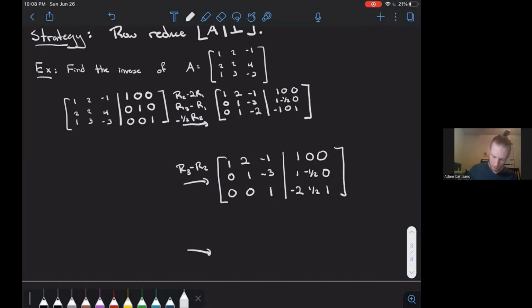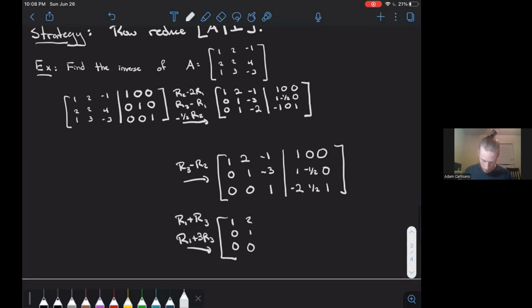Okay, so that means we'll take row 1 plus row 3, and row 2 plus 3 row 3. 1, 0, 0, 2, 1, 0, 0, 0, 1.